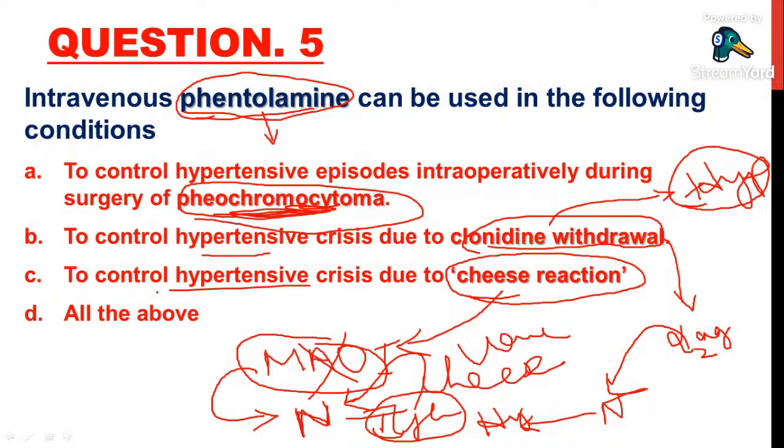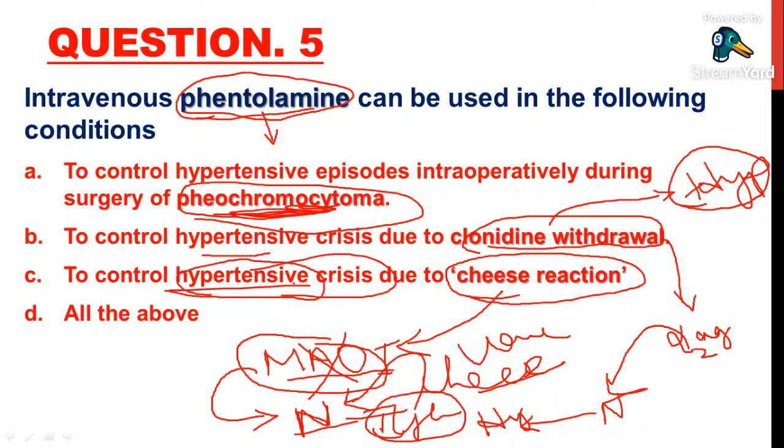Due to that, the patient will have a severe hypertensive crisis. So that condition is called cheese reaction. Cheese reaction is when a patient taking a monoamine oxidase inhibitor also takes a lot of cheese which contains excess tyramine. Directly it acts like noradrenaline, or conversion of tyramine to noradrenaline will increase, and the patient will develop a hypertensive crisis.